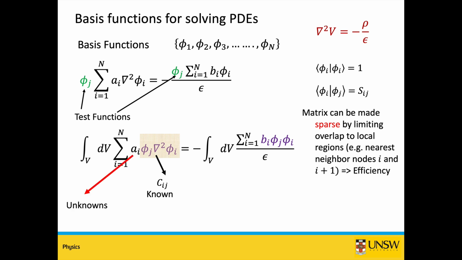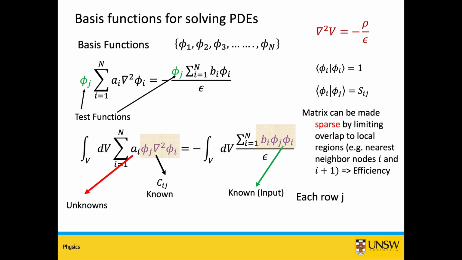And then the unknowns that I want to find out are the a sub i coefficients. On the right hand side, I have these matrix elements between phi j and phi i, but the b sub i's are already known, as I have said before.